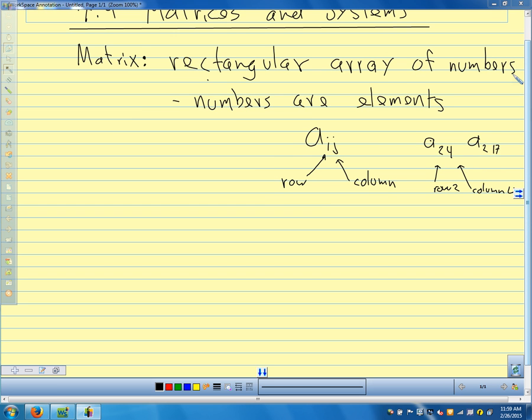The size of the matrix, or the dimensions of the matrix, are the number of rows times the number of columns. We usually write m times n.